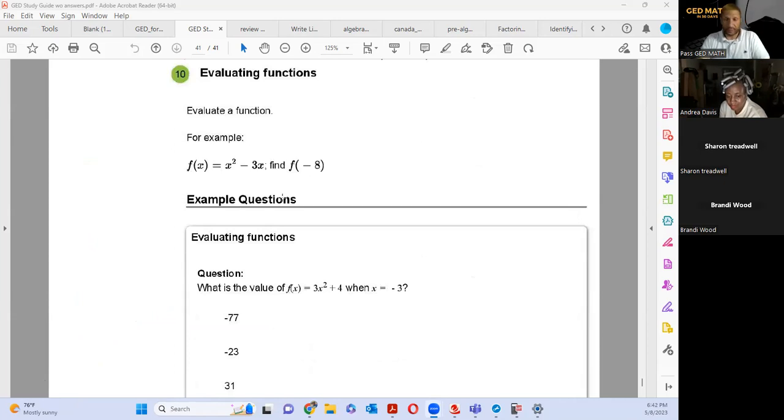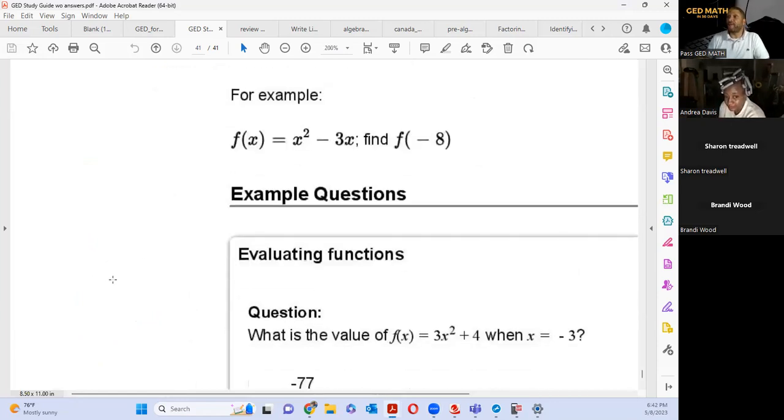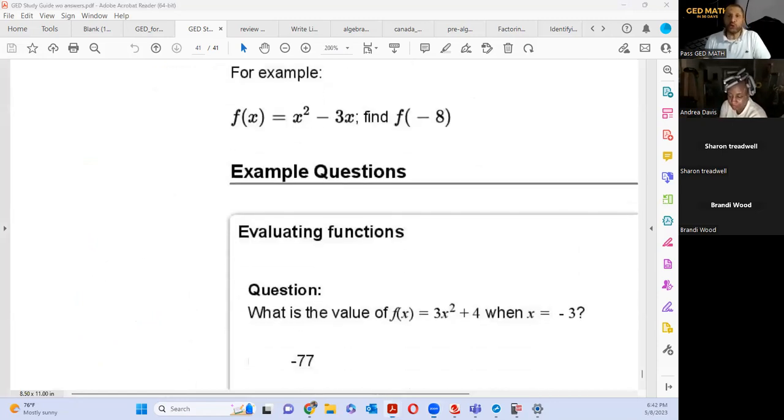Evaluation. Evaluation is another word for substitution. So a function, you will see the word function. If you don't see the word function, you'll see f of x, g of x, h of x. It doesn't matter what. All this is saying is f depends on what x is. Hold on, Mr. Tinsley.